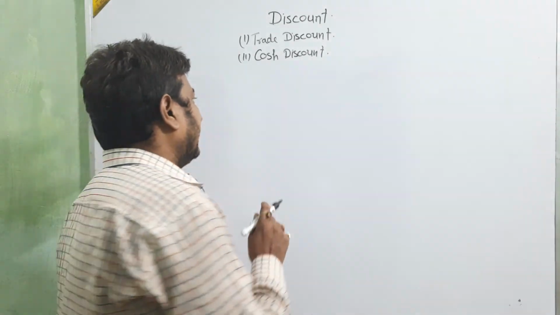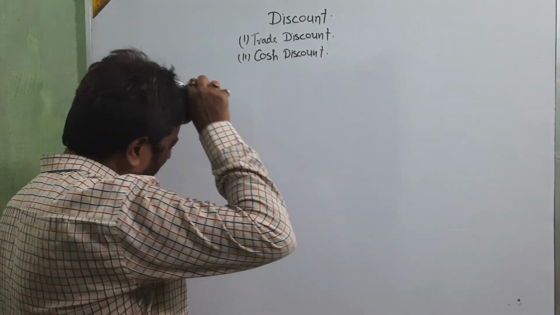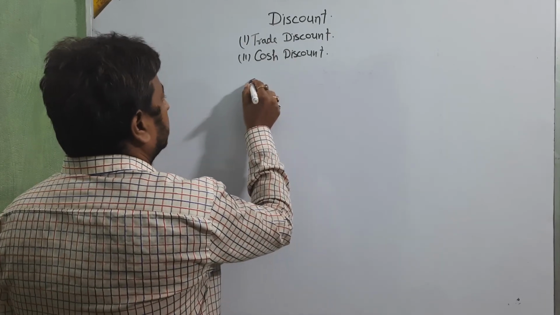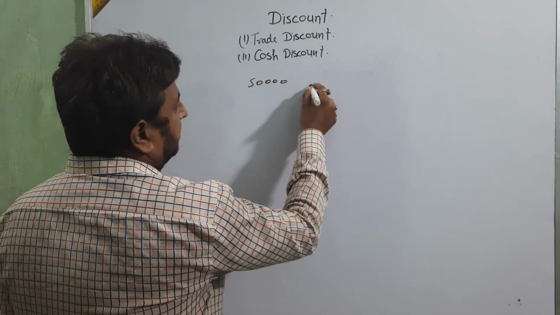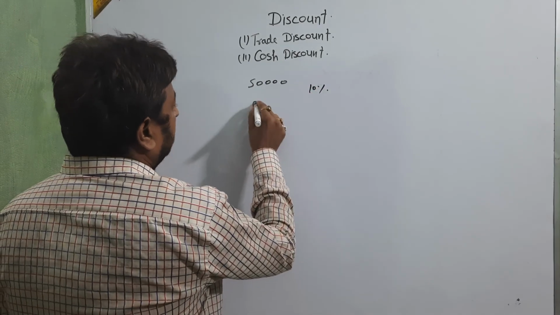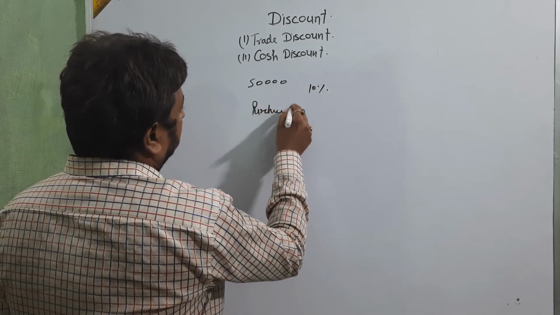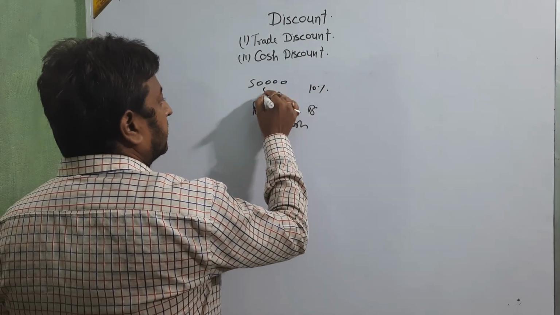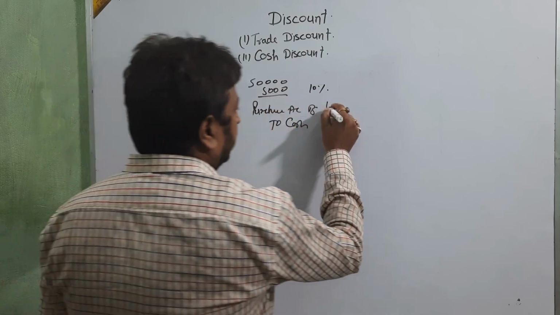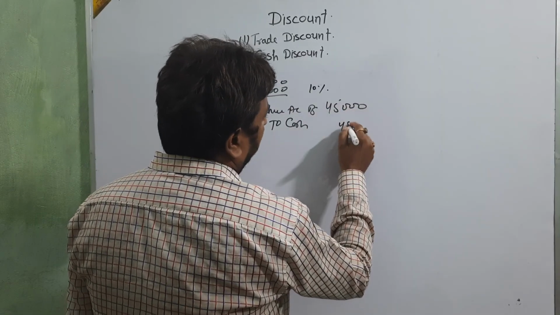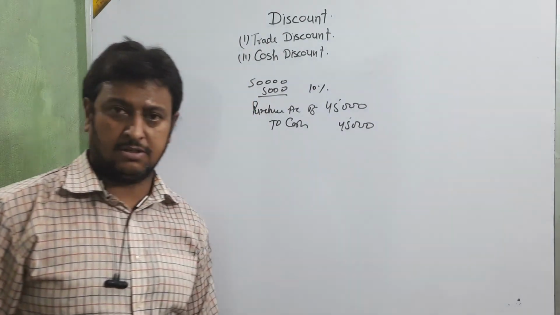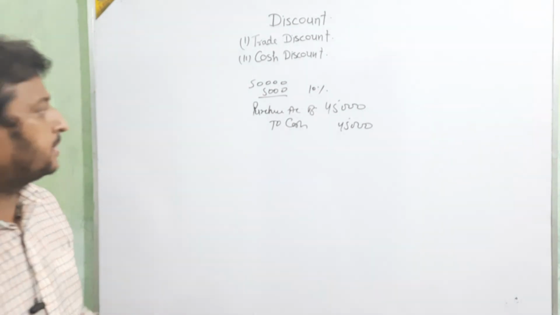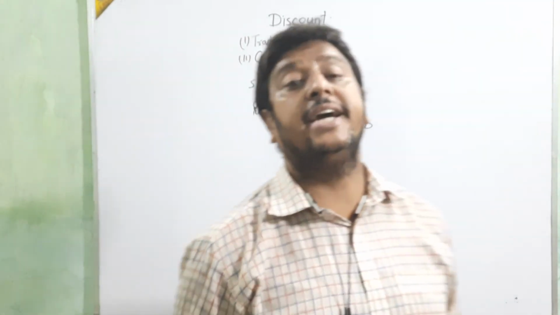For example, if you purchase goods of 50,000 with a trade discount of 10%, the entry is purchase account debit to cash, less the 10%, 10% is 5,000, so 45,000 and 45,000. Like that we are going to present it in the case of trade discount.